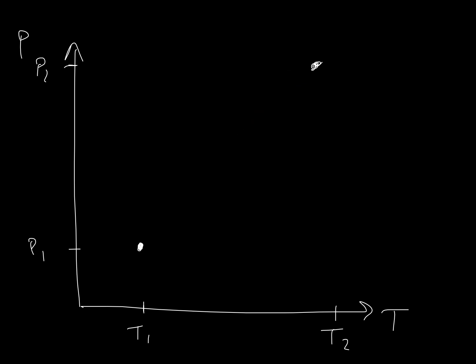So instead, we're going to choose two different paths. One is the more direct of the two. We'll do an isobaric and then isothermal process. I'll actually call this one 2A and 2B.